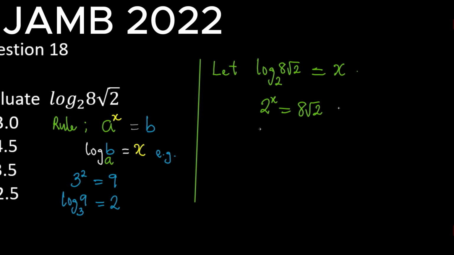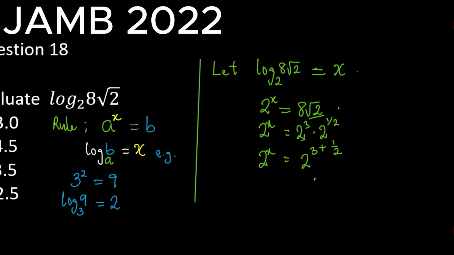So we make the bases of the left-hand side and the right-hand side the same. 8 means 2 to the power of 3, times root 2, which means 2 to the power of half. Since they multiply, we add their powers according to the law of indices.